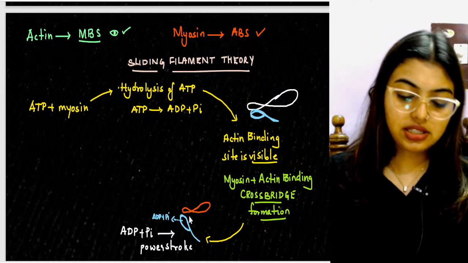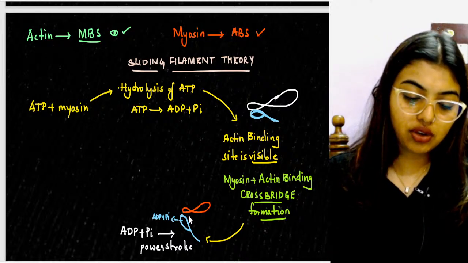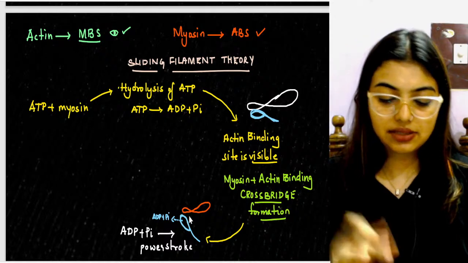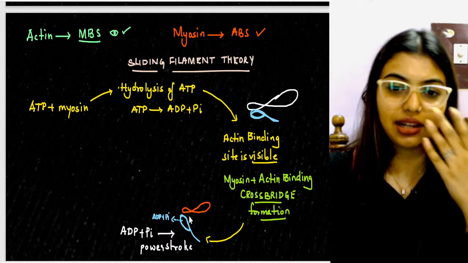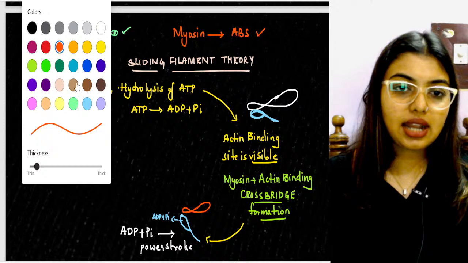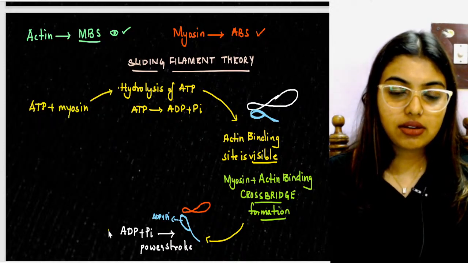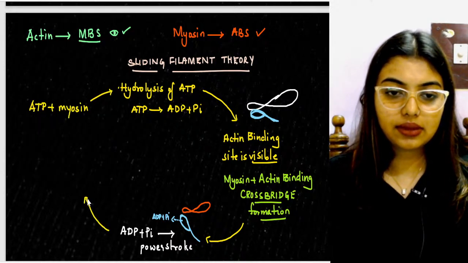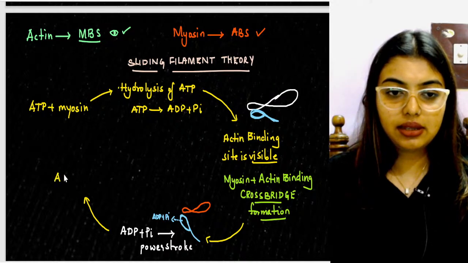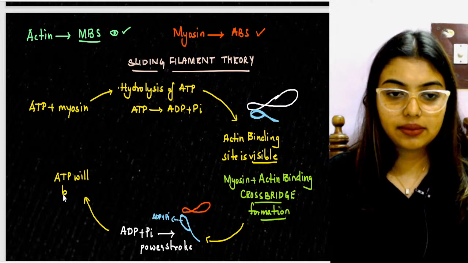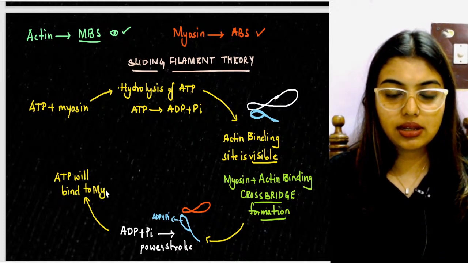Now this space, who is going to make use of it? ATP is fully in love, no? So ATP will run and come, and what is going to happen, students? Here again ATP will bind to the myosin head.